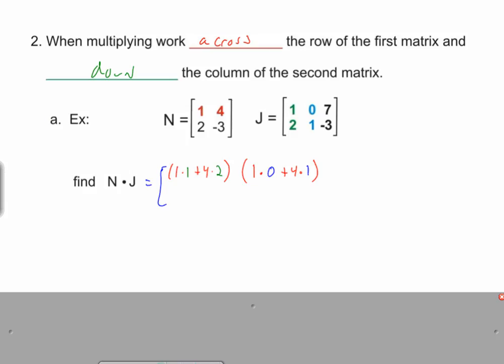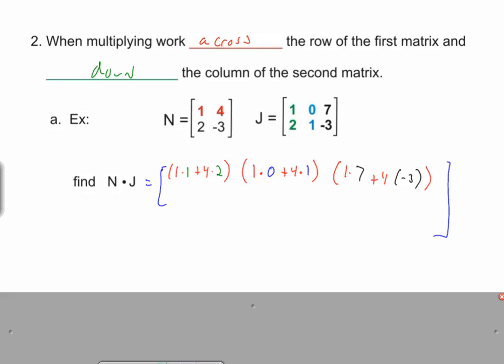So now we went across the top row and down the middle. 1 times 0, 4 times 1, right? Across and down. So now we're still working across. And this last one is going to be a 1 times 7 plus a 4 times negative 3. And that's all the first row.